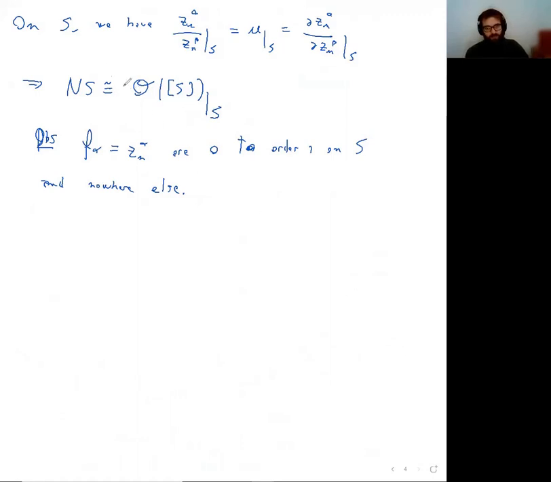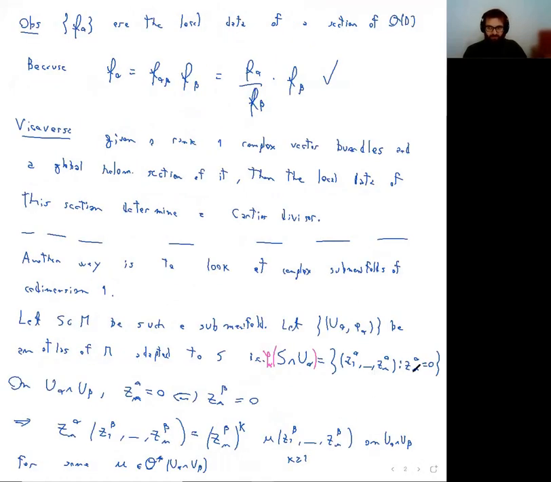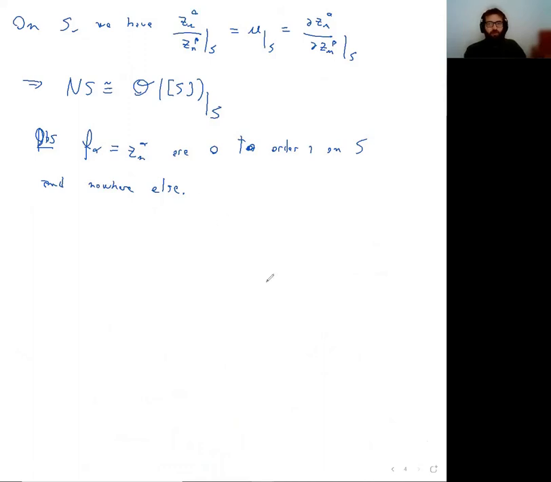So this is to say that the O_S that we define this way seems a bit artificial. We have a submanifold S and these Zn alphas, which define our submanifold S, and if we take the ratio, it turns out that these are the transition functions of some bundle, and we call it O_S.